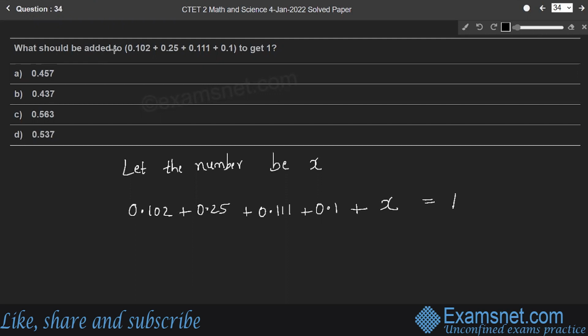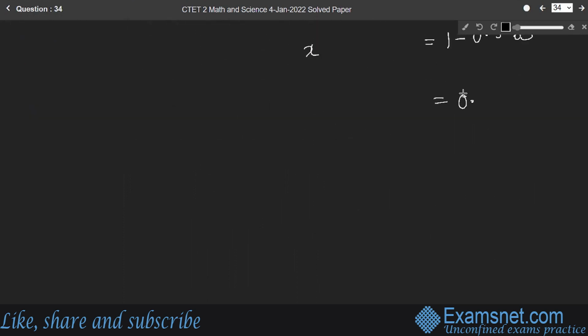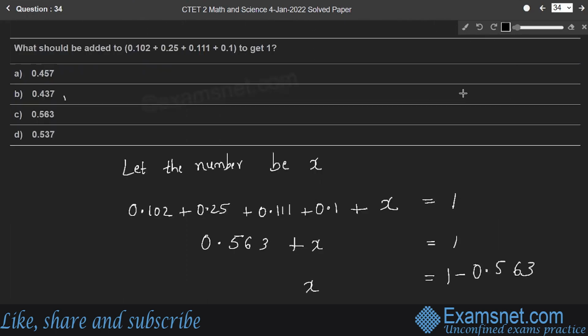We will get 0.563 plus x is equal to 1. Therefore, x is equal to 1 minus 0.563, which is equal to 0.437. Hence, option B is the right answer.